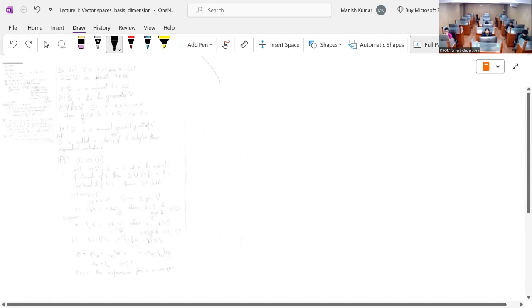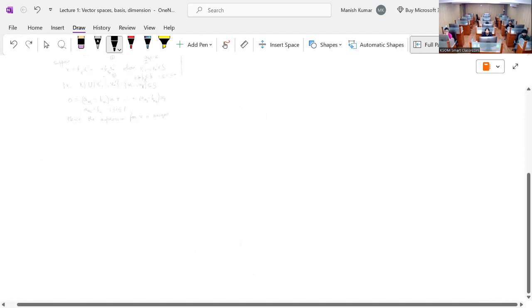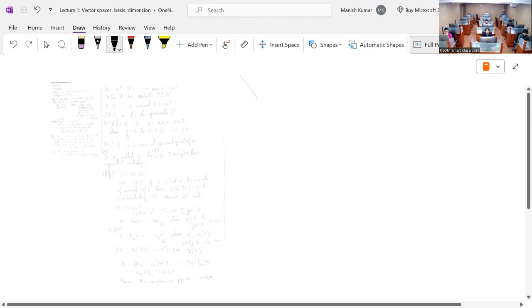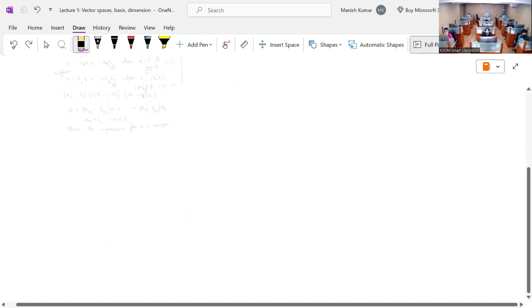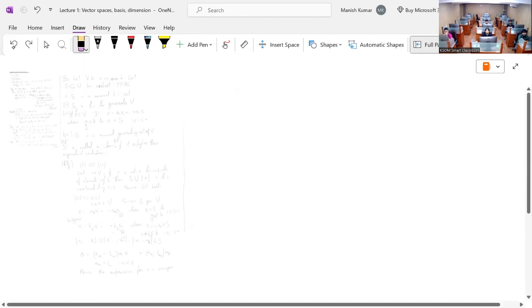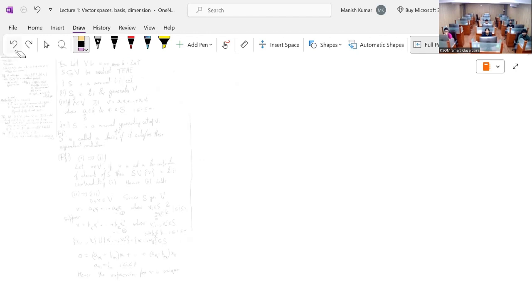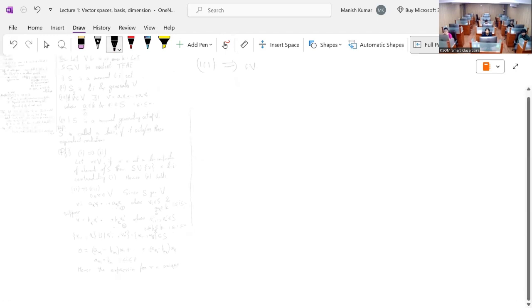Let's try. Okay, it looks like it's not going to allow me to write if I minimize it. So let's keep it a little bigger and see if it works. It's working now. 3 implies 4.